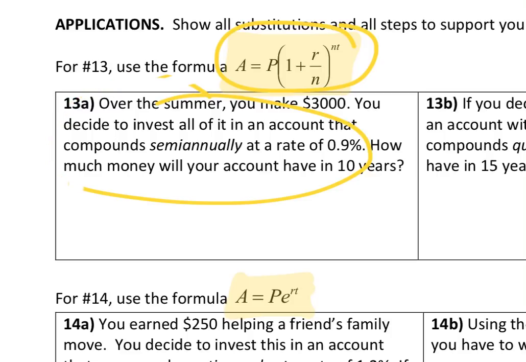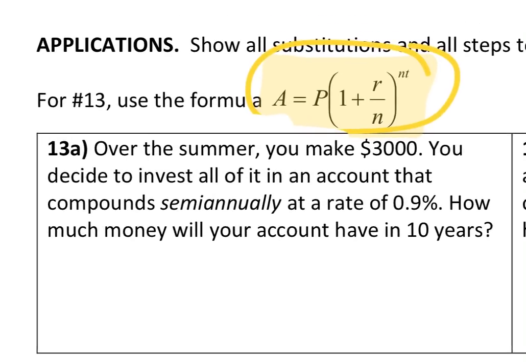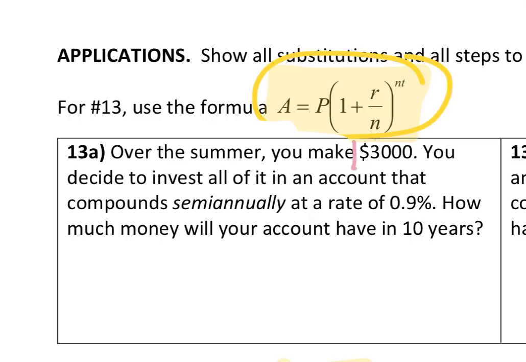So let me get rid of the messy yellowness here, and let's start talking about that P, R, N, and T. So in this first problem, it says that over the summer you make $3,000 and you're going to invest all of it. And so the $3,000, that's your P, that's your principal.